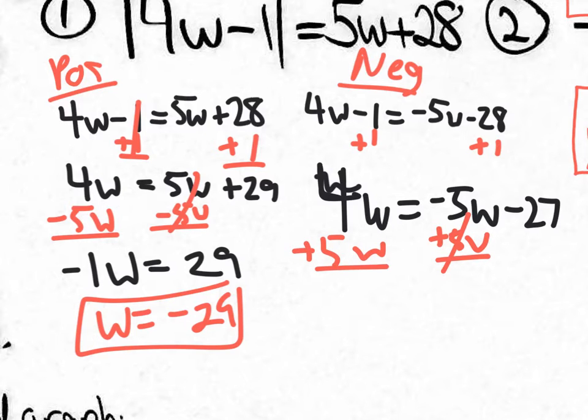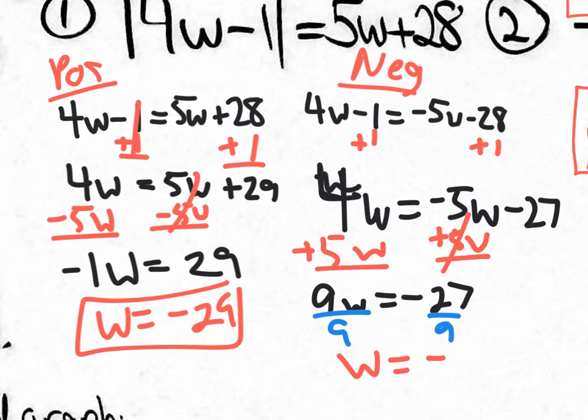You're going to end up with 9w equals negative 27. And then we're going to divide by 9 and divide by 9, which means that w equals negative 3, correct?